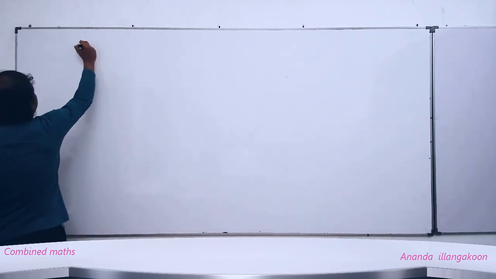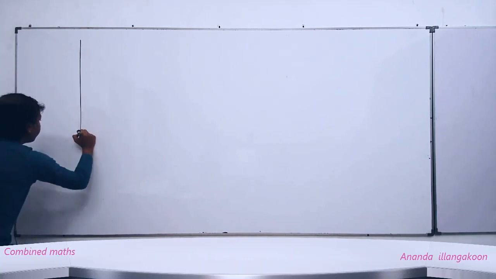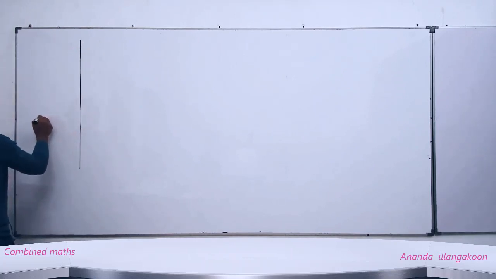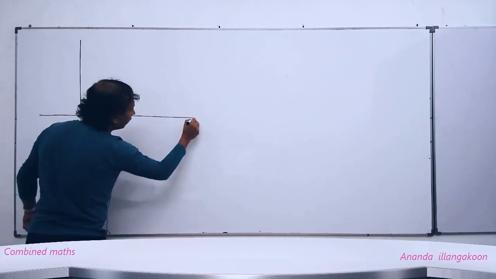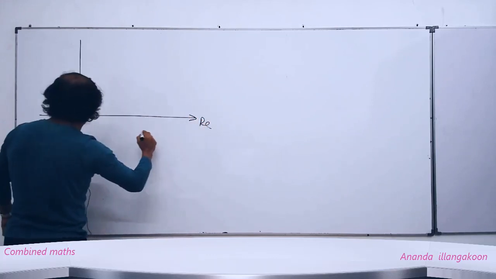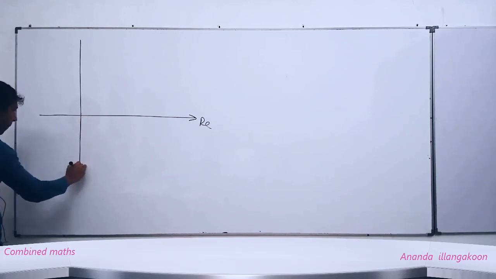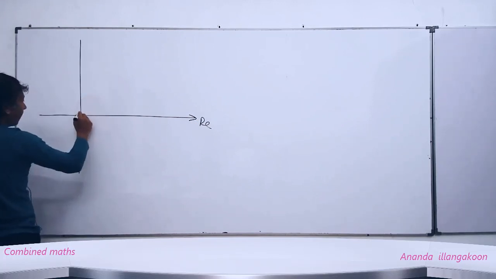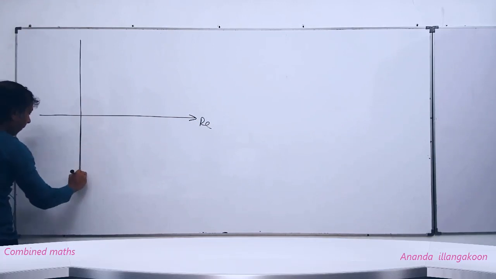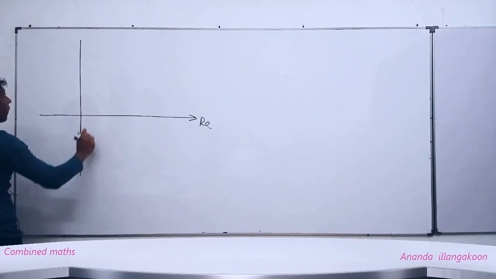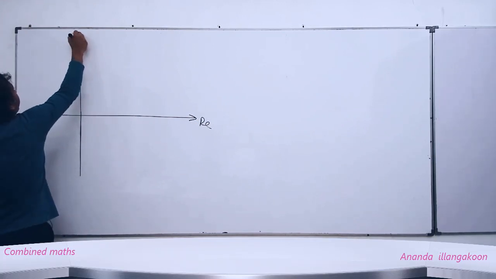Let's say we have an Argand plane, Argand diagram. Real axis. Imaginary axis.